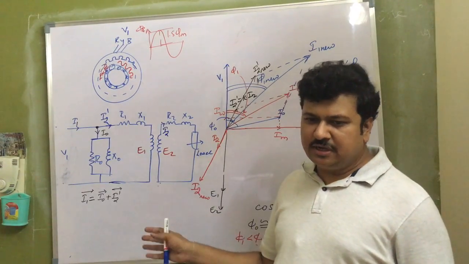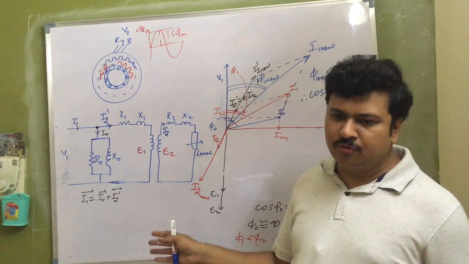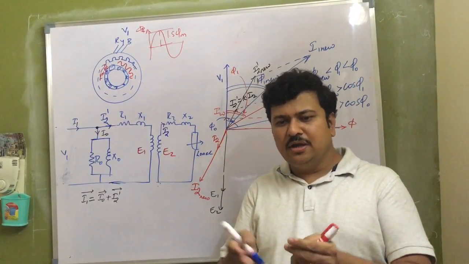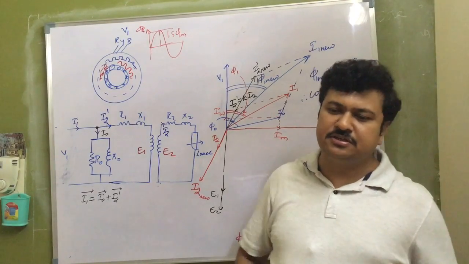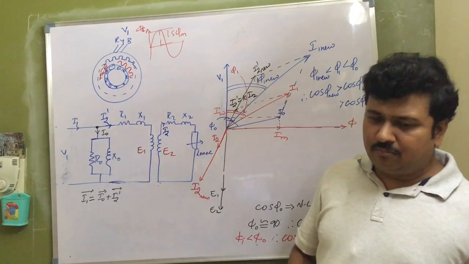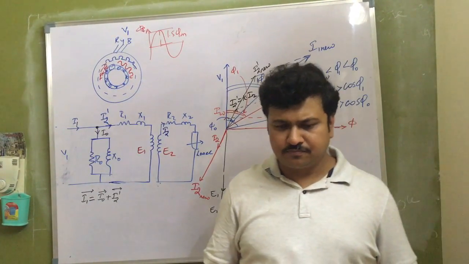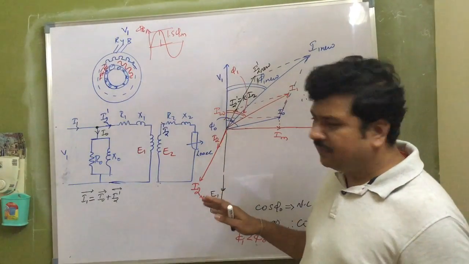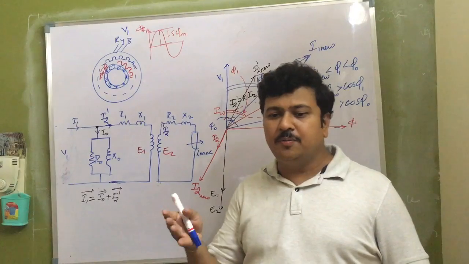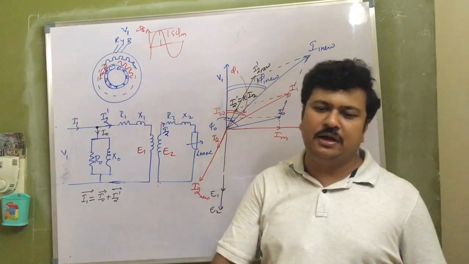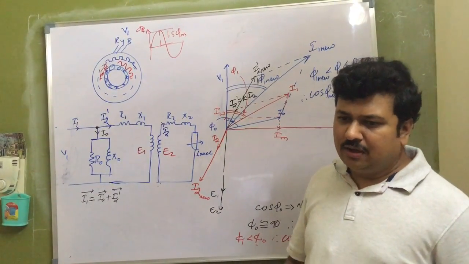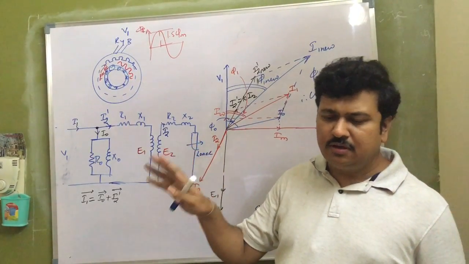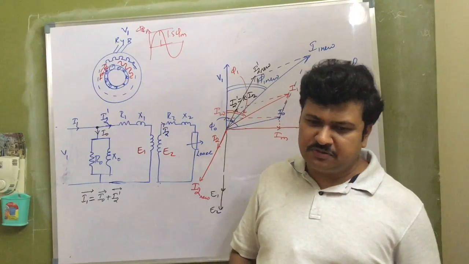As per that I will design the power output of the motor, and I try to keep that power output of the motor near the maximum efficiency condition, where my iron losses and copper losses will be equal. That is, the load factor is kept in such a way that the copper losses are nearly equal to the iron losses, where I can keep the efficiency of the machine near the maximum efficiency.